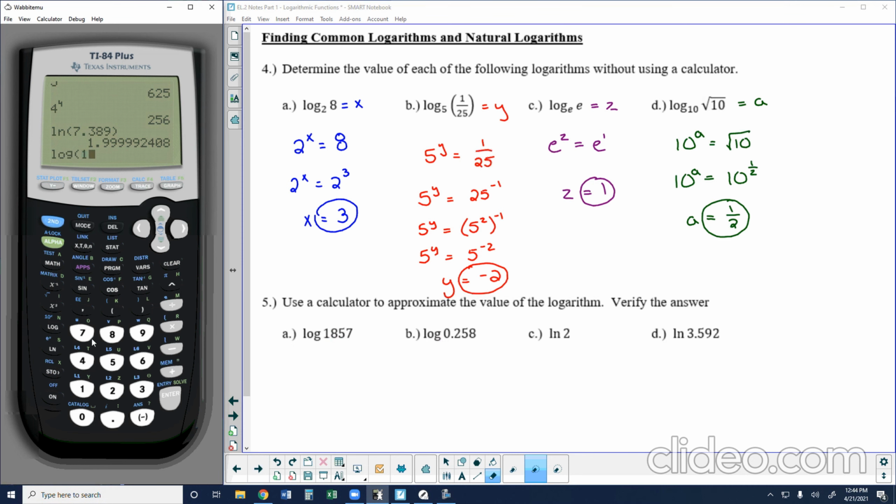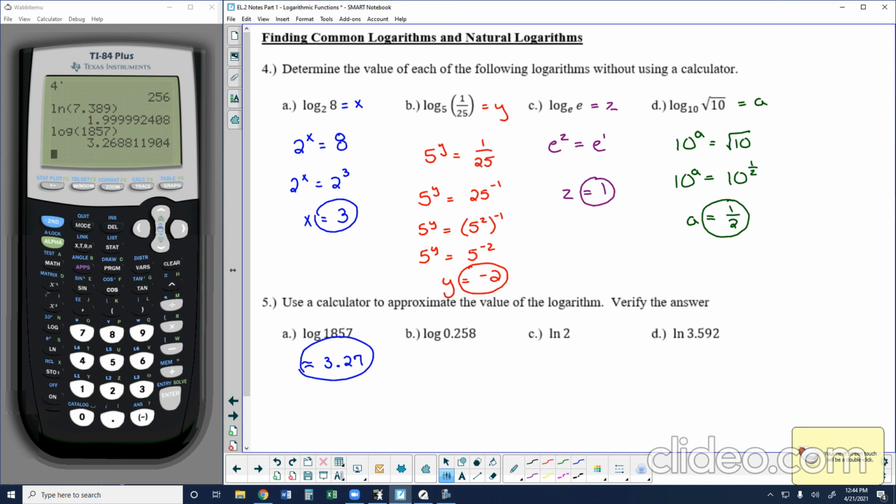So log of 1857, we can type this directly into the calculator. And this would be approximately, we'll round to 2 decimals, approximately 3.27. Now we want to verify this answer. And to verify this answer, we would need to rewrite into exponential form.